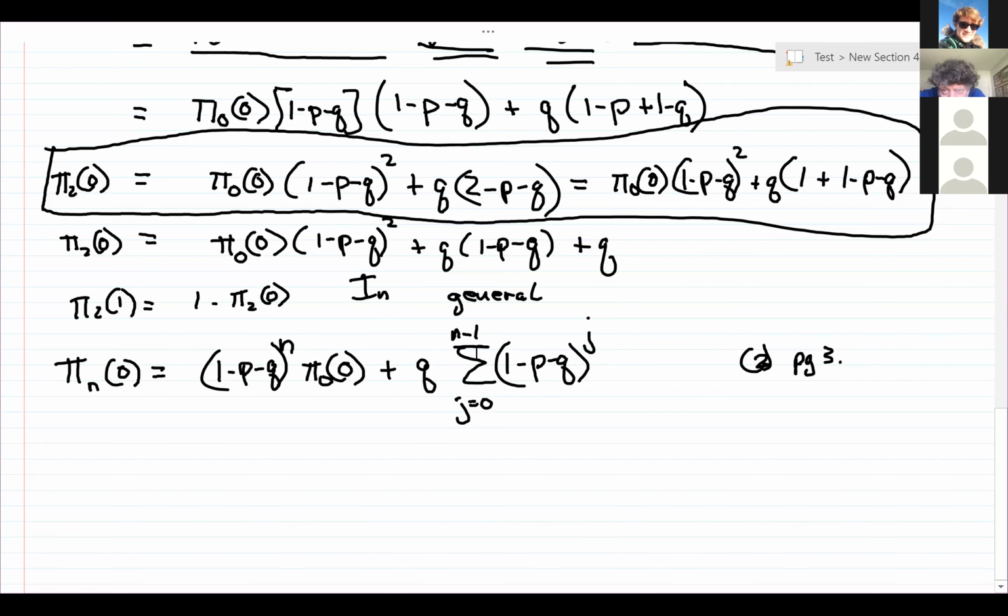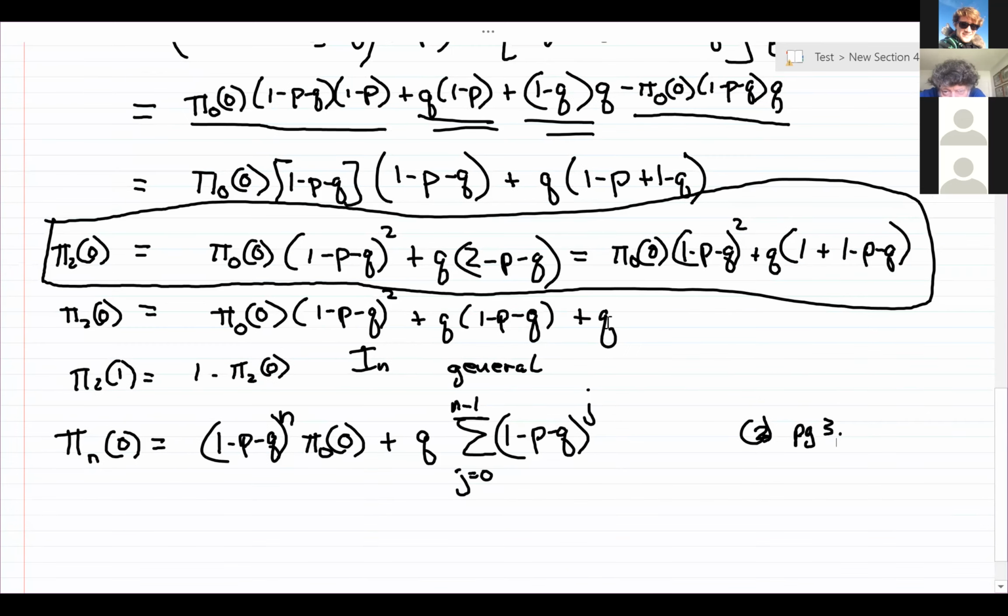So that's giving you the q, which is right here. And when j is 1, then you get another (1 minus p minus q) to the first power times q, which is this term. Okay, so I circled this one, but the one I wrote down here, if you actually expand out the sum, is what they're doing. But since this equals this, these are all the same.